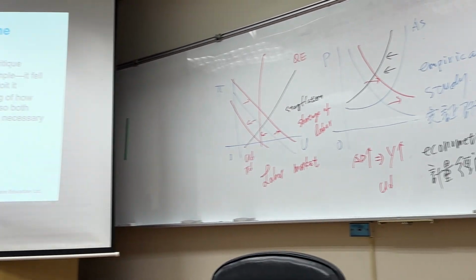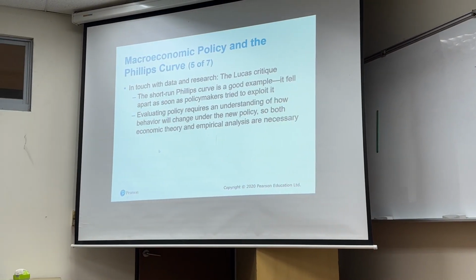And so he said, for the Lucas critique, the short-run Phillips curve is a good example. It fell apart as soon as policymakers tried to exploit it. Okay, so in the 1970s, it changes. 1980s, okay, all because of the oil crisis, energy crisis.